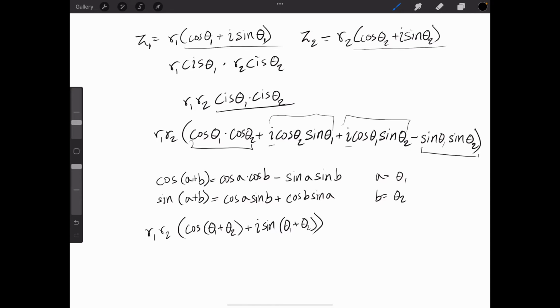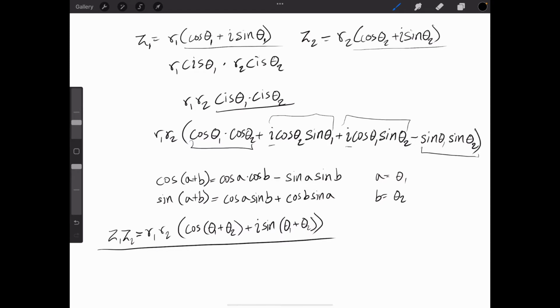This is how you multiply two different complex numbers, at least in polar form. Let's just write z1, z2 here, so we remember that. So this is how you multiply them.